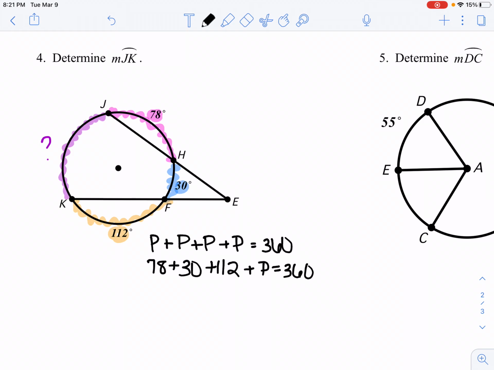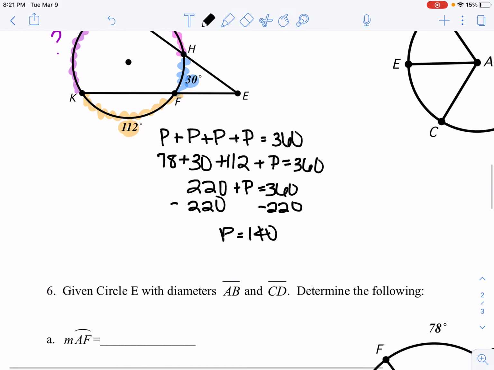All right, so then I'm going to combine my like terms. I'm going to combine the 78, the 30, and the 112. And you're going to get 220 degrees. And you're going to subtract what those parts are from each side so that you get your missing part, and that's 140.